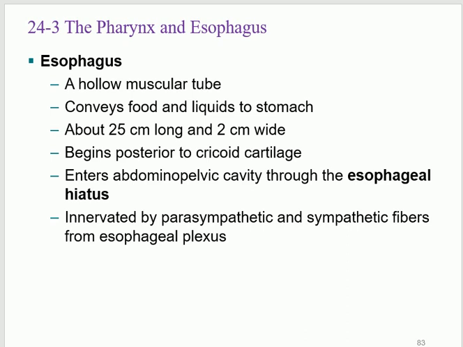What's the first part of the stomach after the esophagus? Under the esophagus, what do you call it? There is the fundus, and there is the body, and there is the cardia. Cardia. So what do you call that? I just told you. Cardiac sphincter.